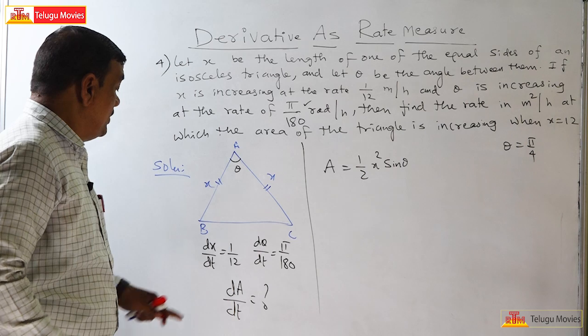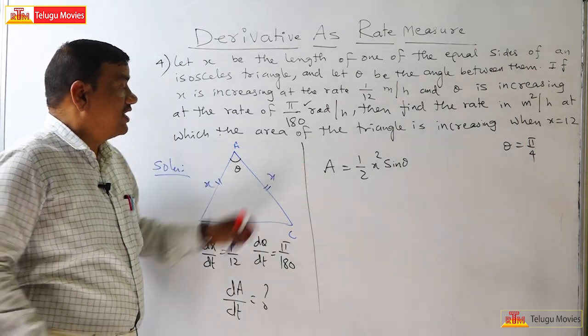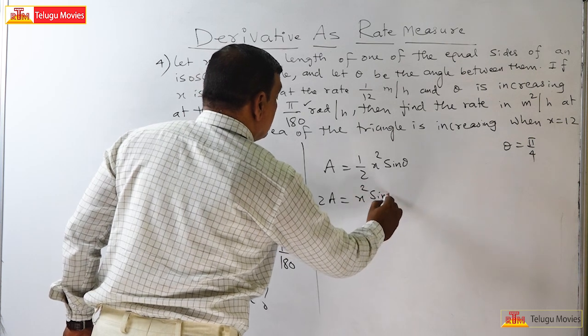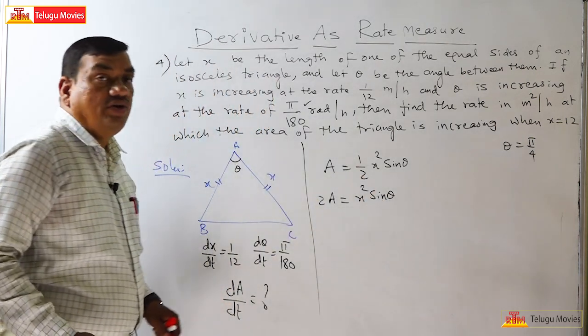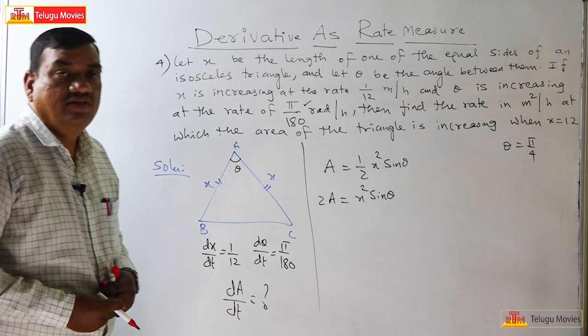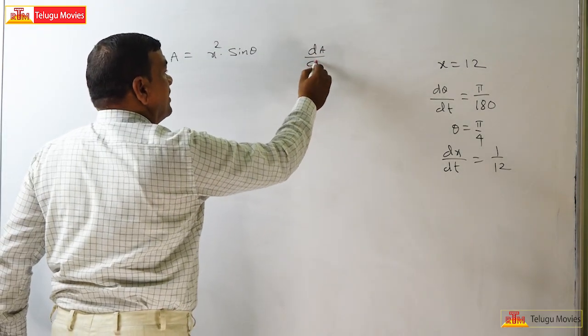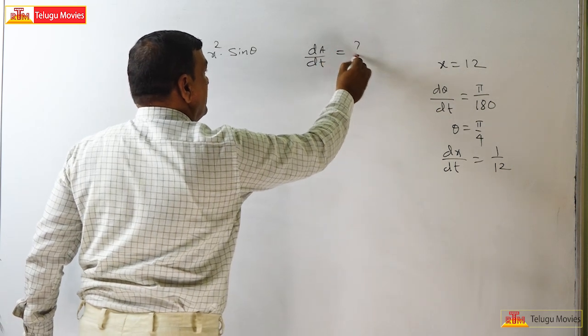Now we have to find out dA by dt. So let us first write 2A is equal to x square into sin theta. Let us differentiate this with respect to t to find dA by dt, the rate of change of the area.